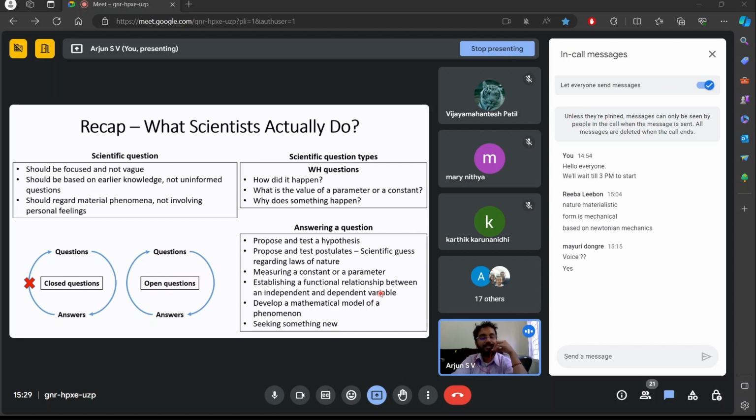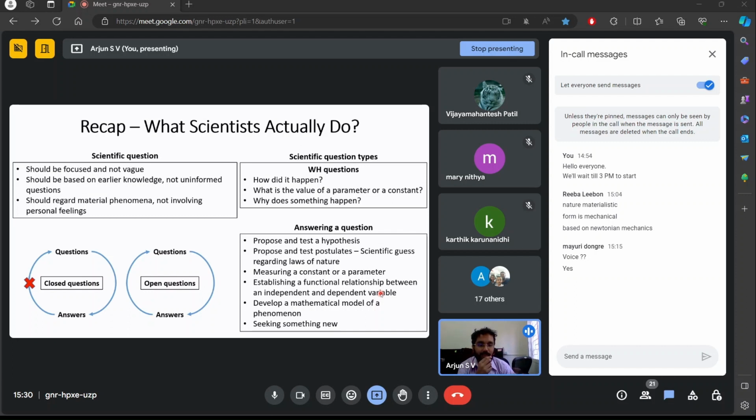In some cases, there may be only one independent variable. In other cases, there can be multiple variables involved in the question, and combining all the answers from the relationships between variables, you develop a mathematical model of a particular process.